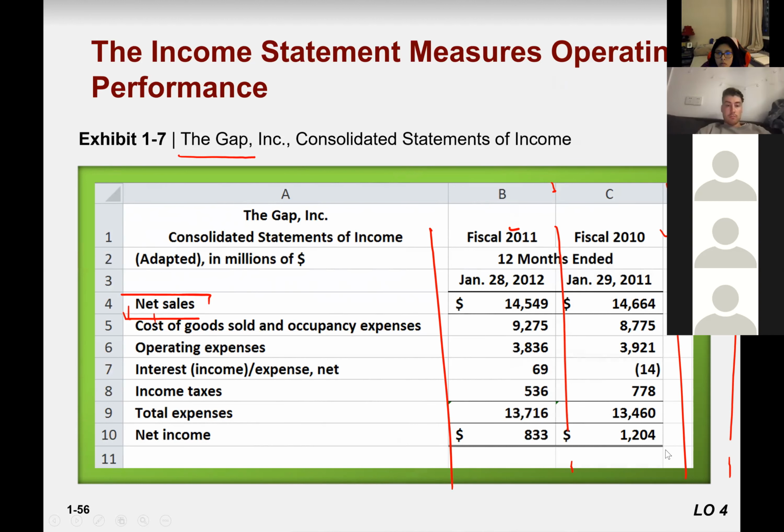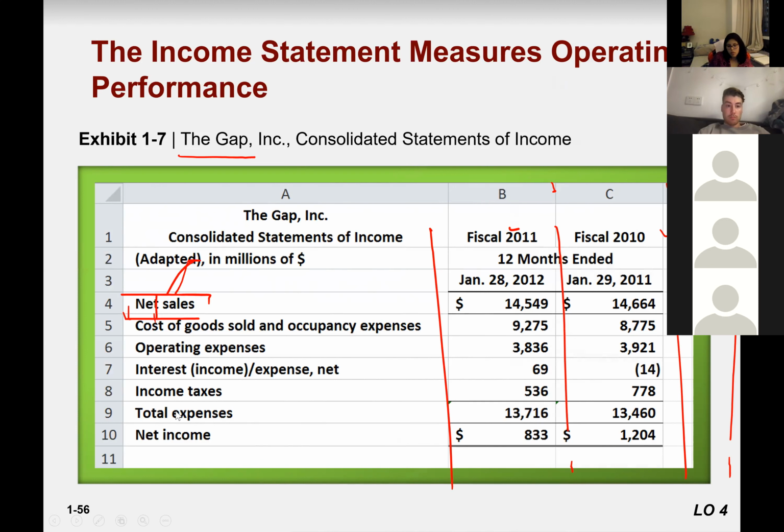Why is there a net here? Because some customers return the sales as well. I like this coat, I wear it, and then I find out that it's not comfortable. Because the company has a 5-day return policy, I can go and just change it or return it. So that's why there's the word net here.